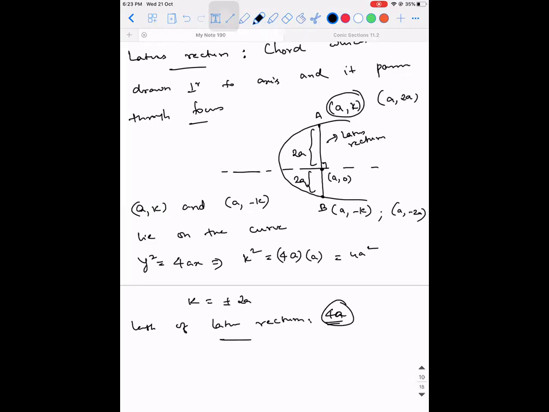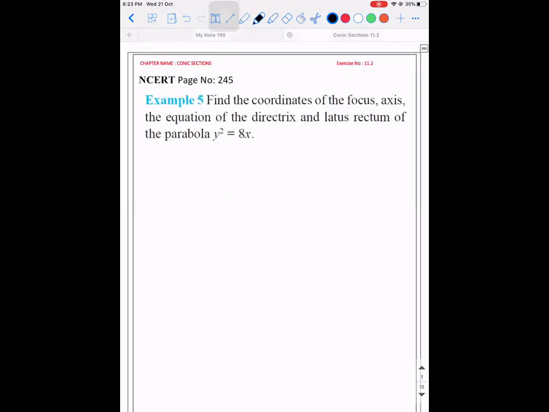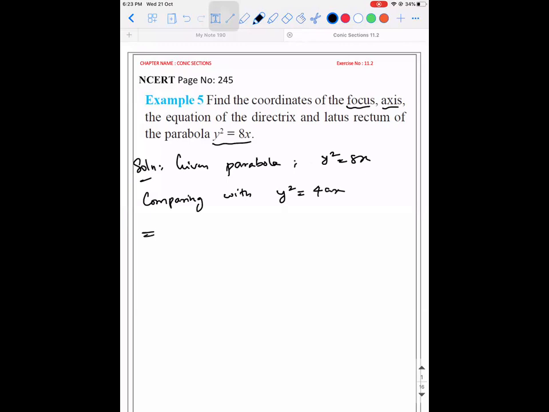Yes. Now listen. Find the coordinates of the focus, axis, the equation of the directrix and latus rectum of the parabola y square is equal to 8x. So the solution here is, given parabola is y square is equal to 8x. So comparing with y square is equal to 4ax, we can say 4a is equal to 8, which implies a is equal to 2.